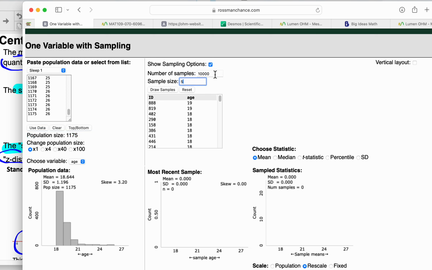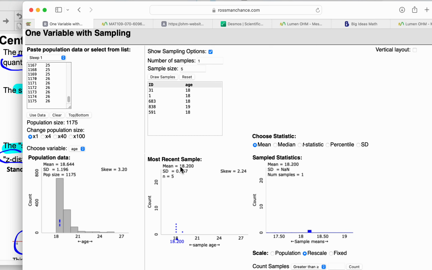And let's just take one sample first. This is one x-bar. The computer randomly selected 5 of these 1,175 data points. They're ages 18, 18, 18, 19, 18, divided by 5 to come up with a mean of 18.2.